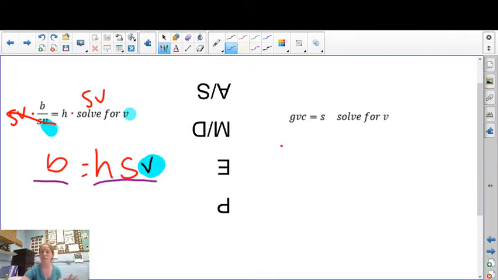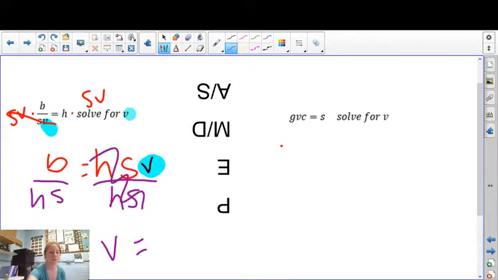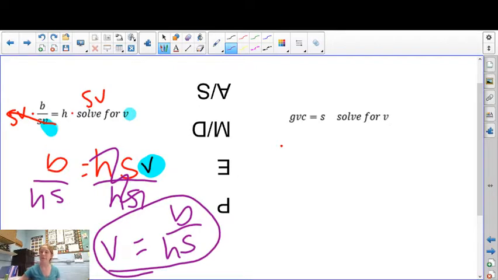And we're going to divide by everything but the V, because we want V to stay on one side by himself. So V is equal to B divided by HS. Sorry, little things, guys, the little things.